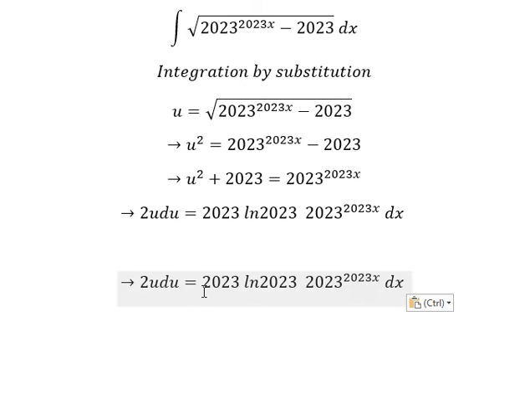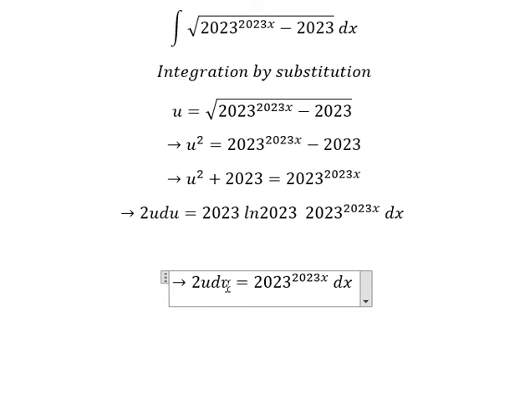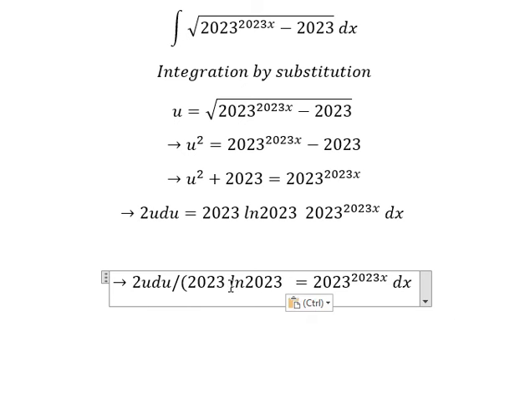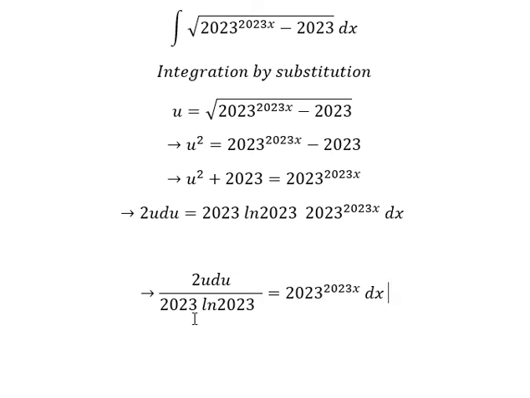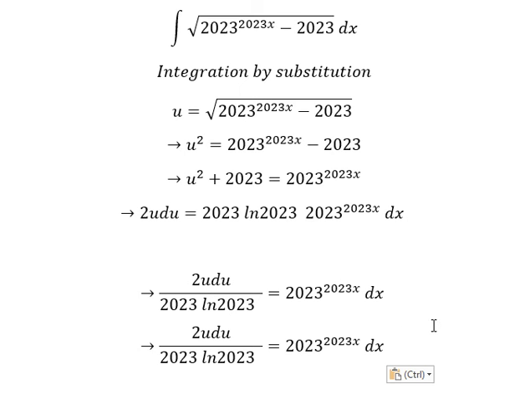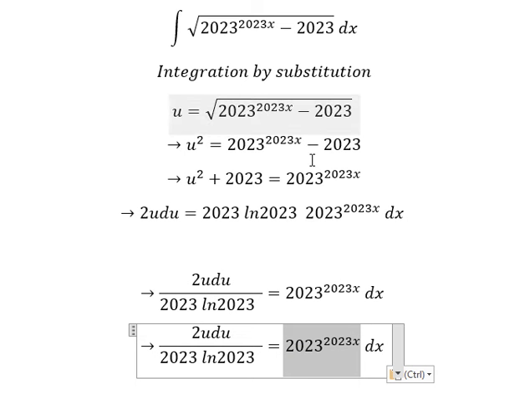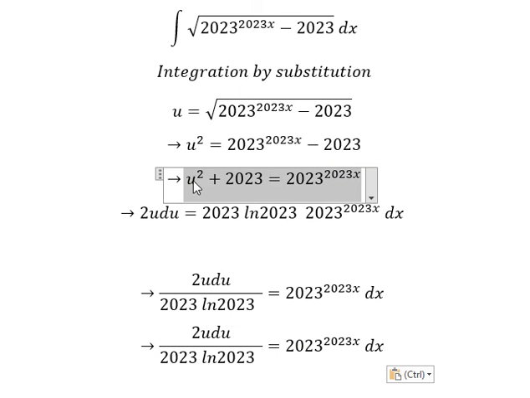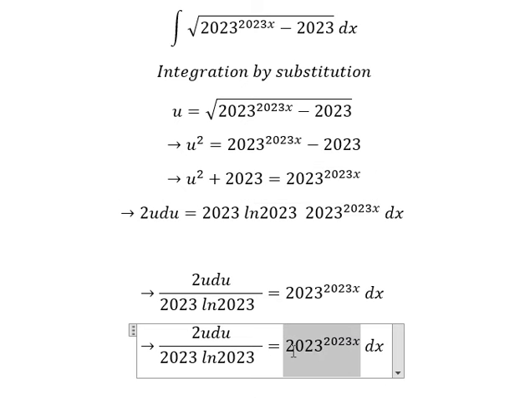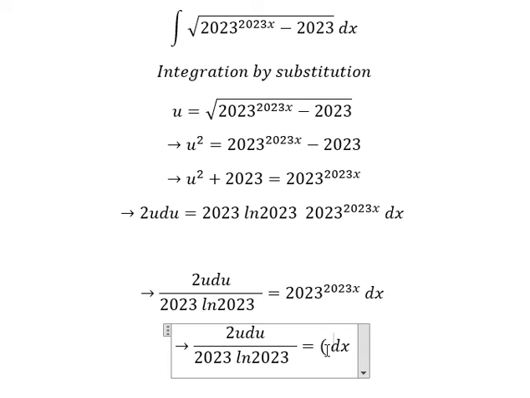Next, we divide both sides by this one. Next, this one equals to this one, so we change this one for this one.